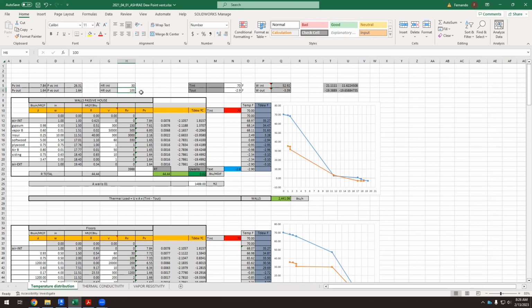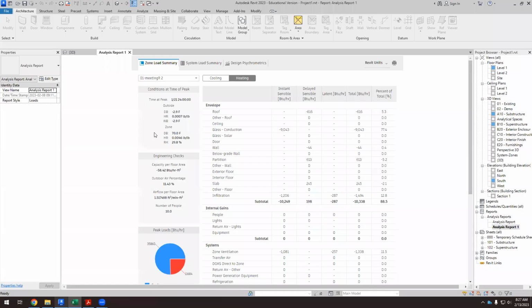So with this, we have the conditions that Revit has taken. But it's not very straightforward. We won't find the answer directly. What's the relative humidity? What's the temperature? In Revit, indoors we have temperature and relative humidity. Outdoors we have dry bulb temperature and humidity ratio.